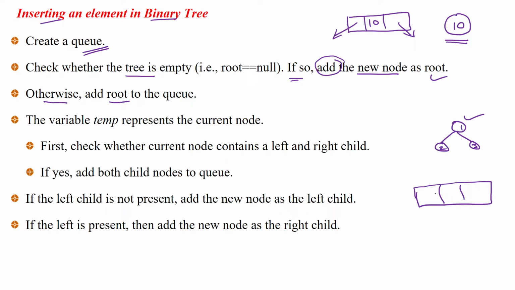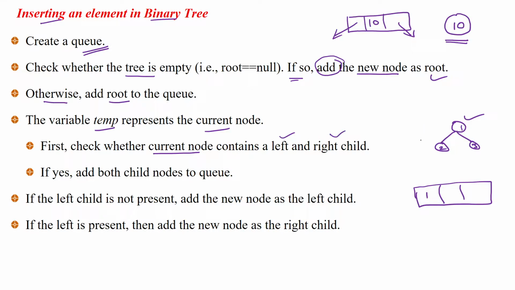So now 1 is added into the queue, and we create a temporary variable that represents the current node. First we check whether the current node has a left child and a right child.